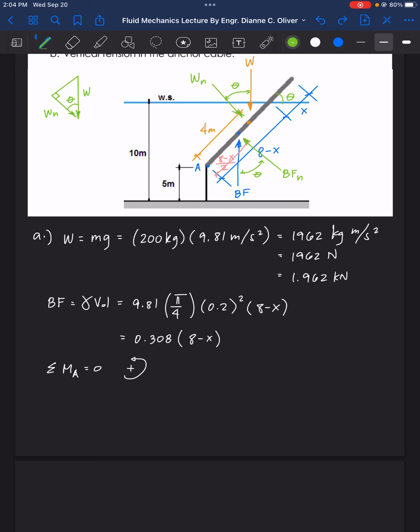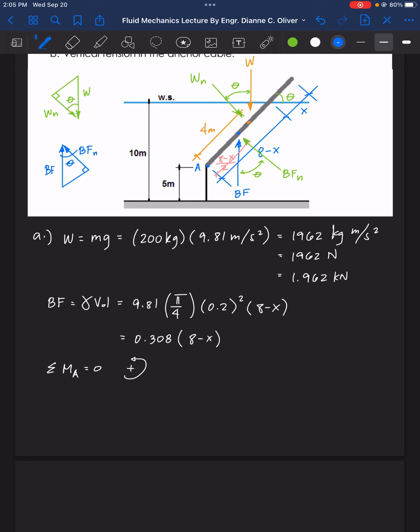How about for the buoyant force? This is the buoyant force, and this is the component. Let's close the triangle. So this is the buoyant force upward, and this is the buoyant force component, N. The buoyant force is the hypotenuse, and the angle here is theta.